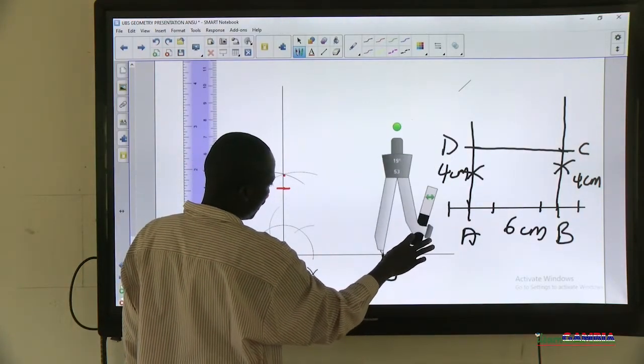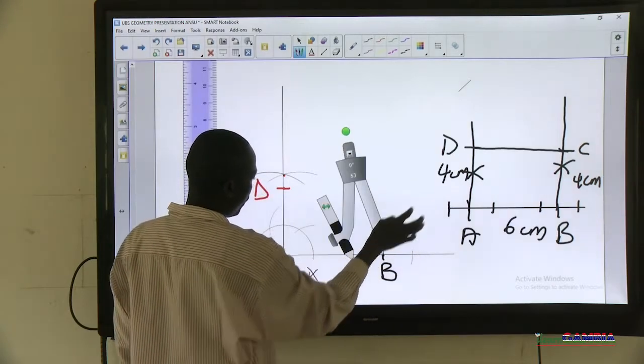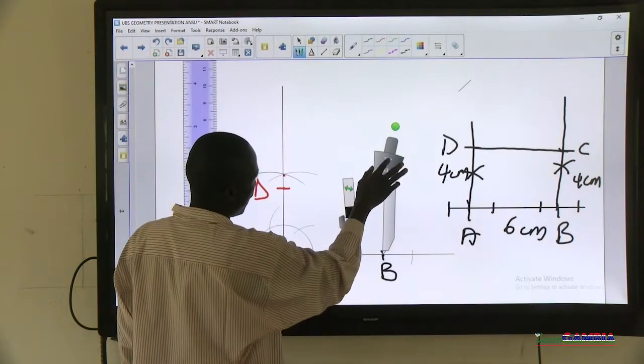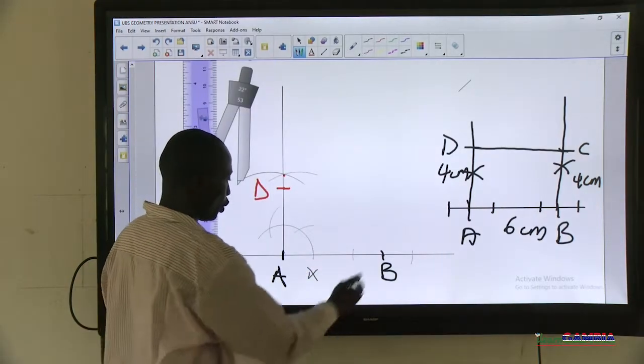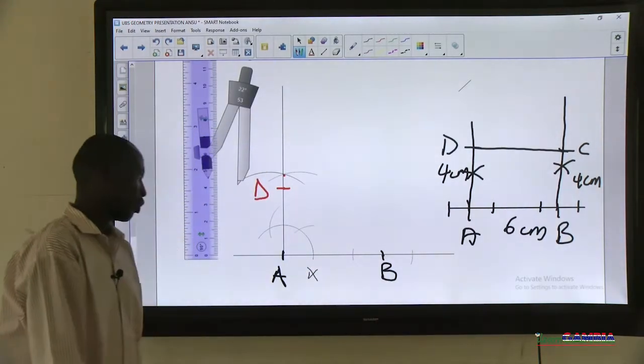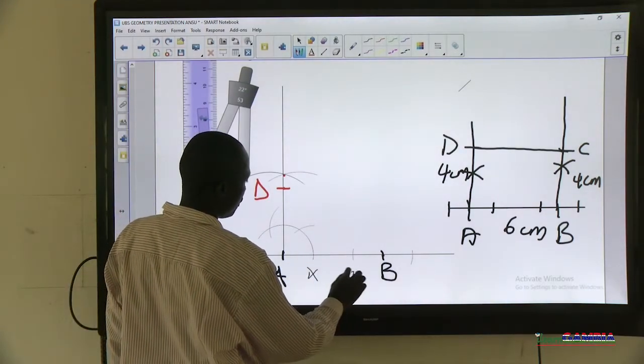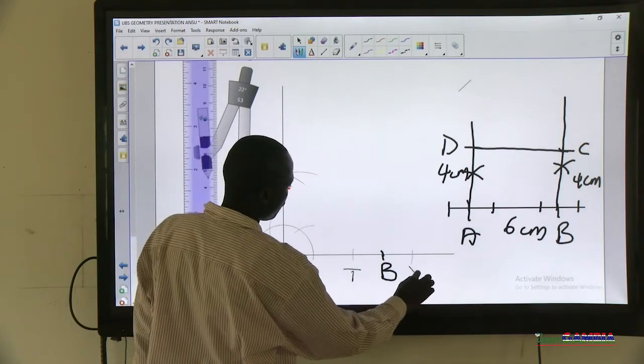I mark a point here. With the same radius, I mark another point here. I draw another arc there. So these 2 points of intersection on the line AB, I can call them T and let's say Y.